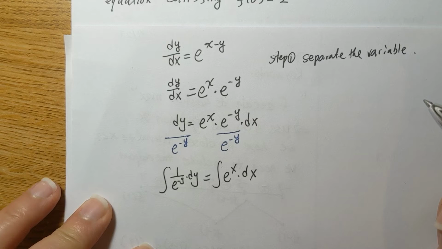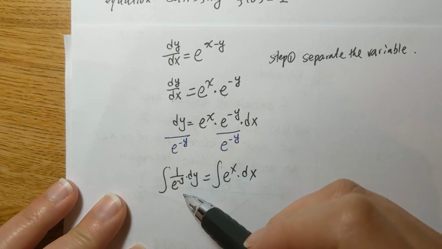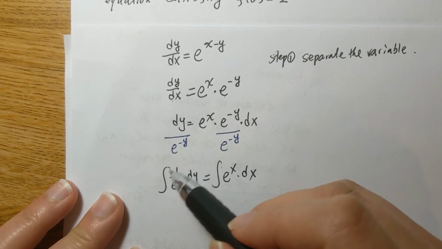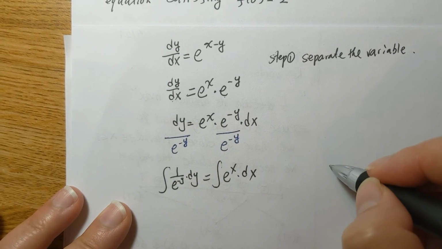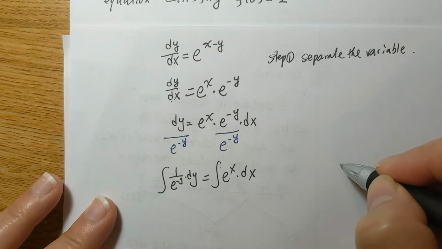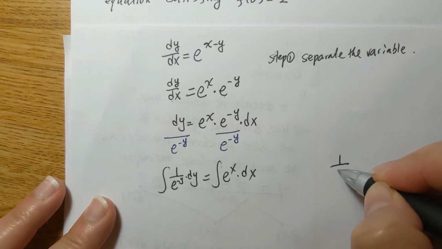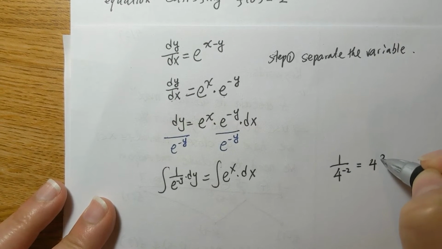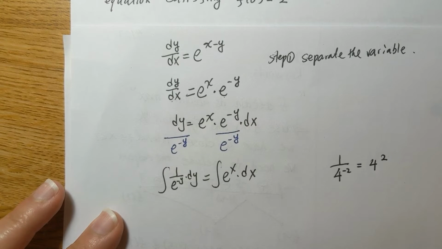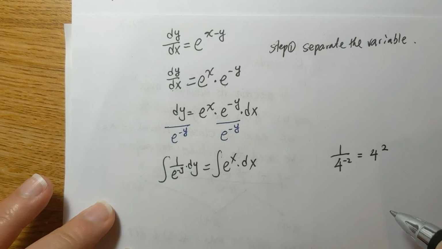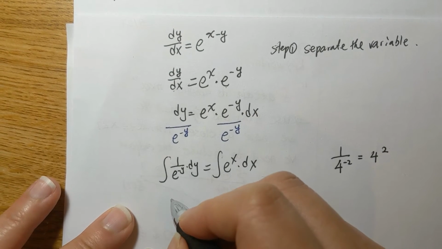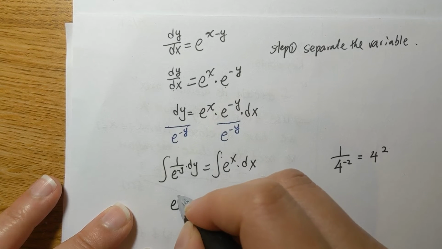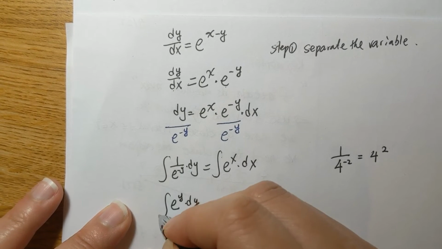So now we're going to integrate. This side, you might want to rewrite it. Let's recall what we did before. If you had 1 over 4 to the negative 2, it's basically 4 squared. You can check it. So we're going to rewrite it into the integral of e to the y dy.